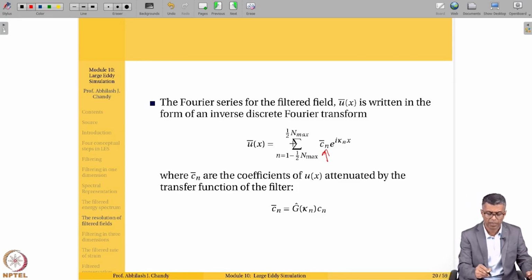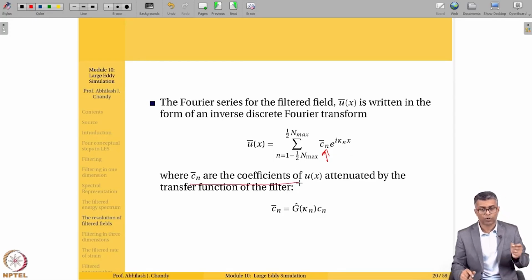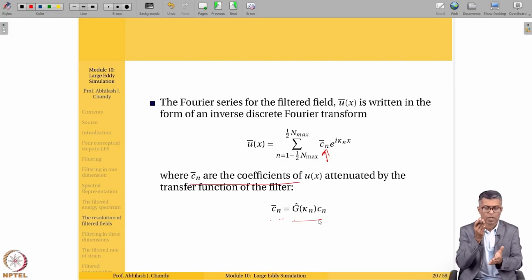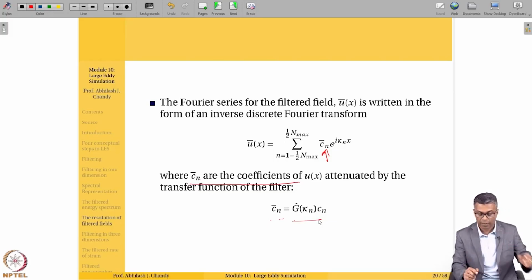And as you can imagine, Cn bar, the coefficients of U of X, are attenuated by the transfer function of the filter. So that means Cn bar is this transfer function, whatever you use, sharp spectral filter, box filter, Gaussian filter, whatever filter you use, the transfer function multiplied by Cn.